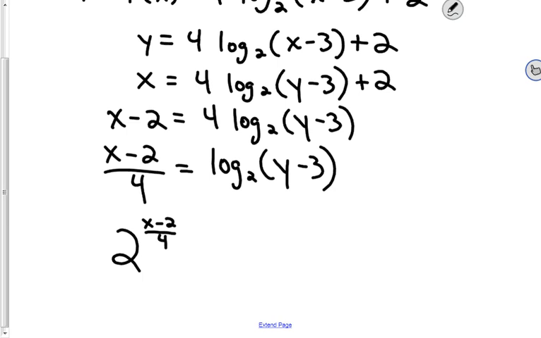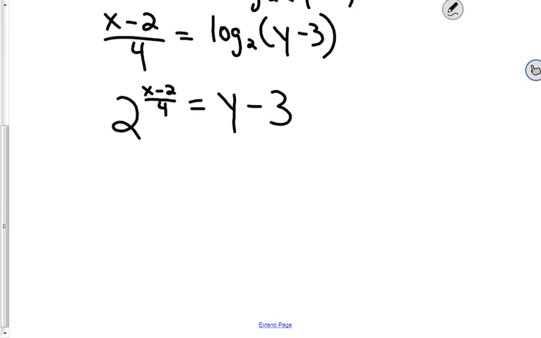So 2 raised to the power x minus 2 over 4 equals y minus 3. And the only thing left to solve for y is to add that 3 over to the left side. So we end up getting 2 to the x minus 2 over 4 plus 3 equals y.